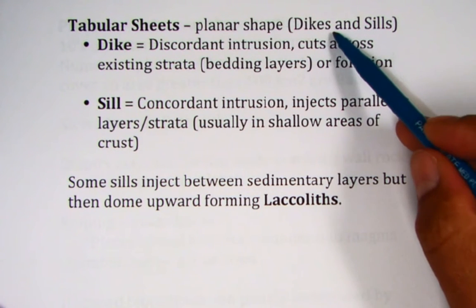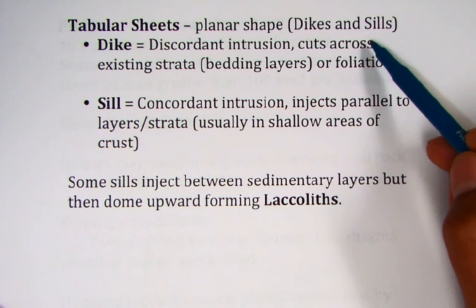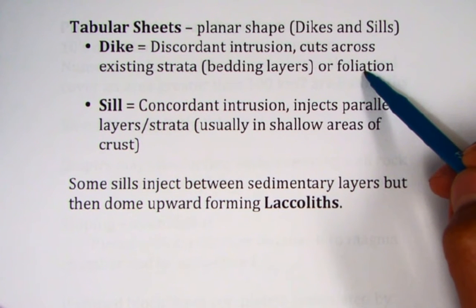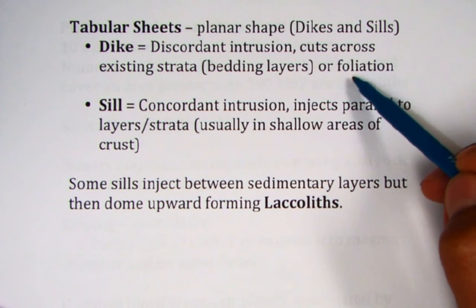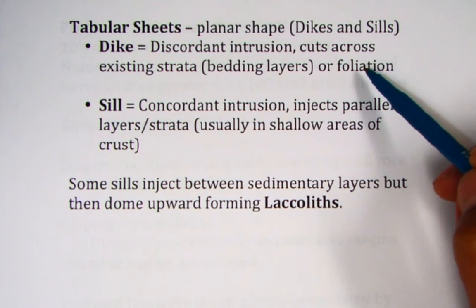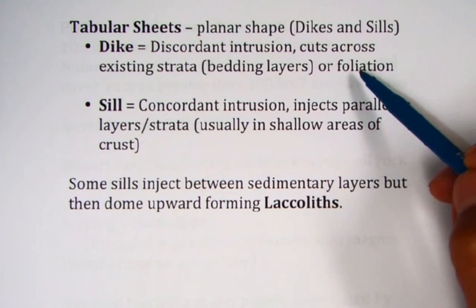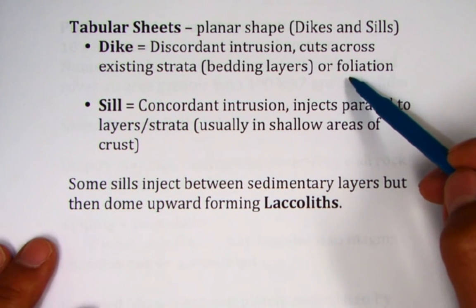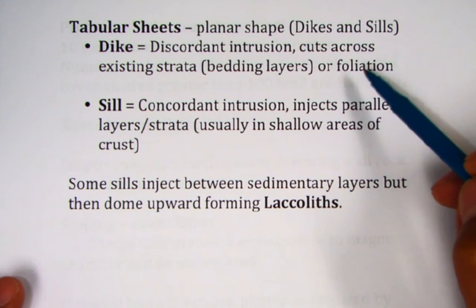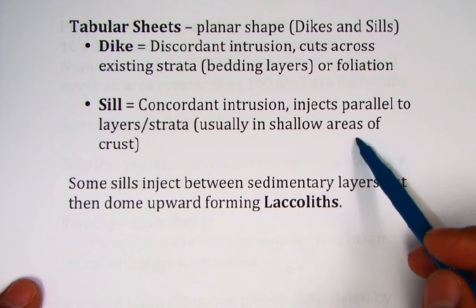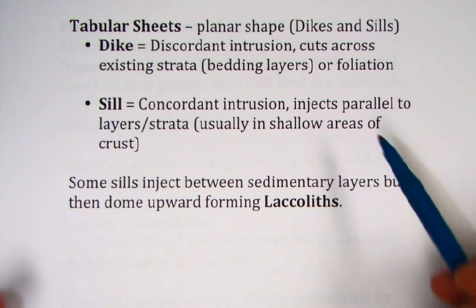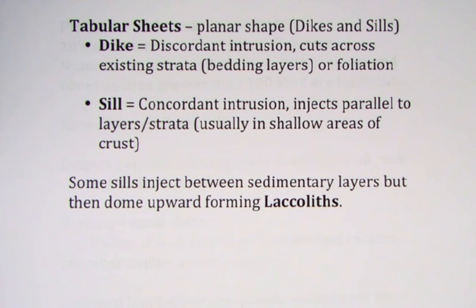There are two types, a dike and a sill. Dikes are discordant intrusions. They cut across existing strata or foliation, so they are discordant to the already existing layers. A sill is a concordant intrusion that's injected parallel to layers. Usually this occurs at shallow areas where the force of the intruding sill can push that rock up.